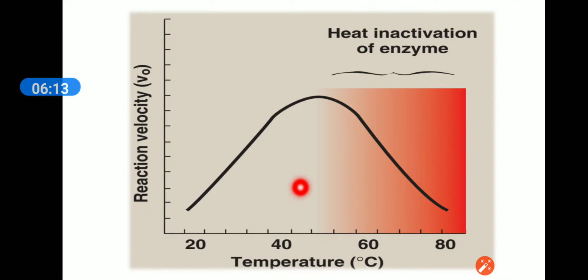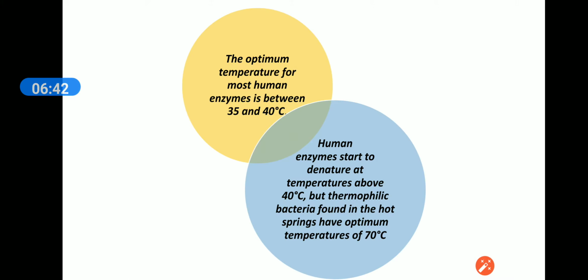Up to 40 degrees centigrade, initially due to the increase in collision force with the increase in temperature, the rate of the reaction increases. But as we cross 40 centigrade, the rate of the reaction decreases due to denaturation of the enzymes. The optimum temperature for most human enzymes is between 35 to 40 centigrade.